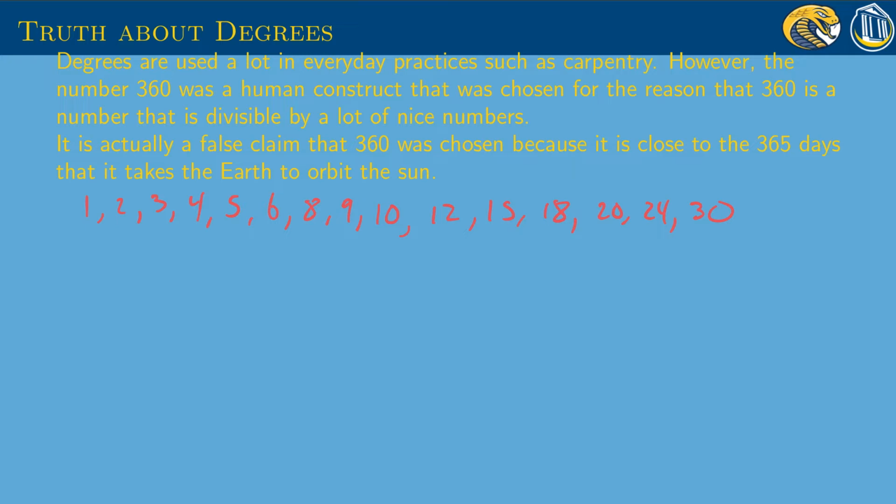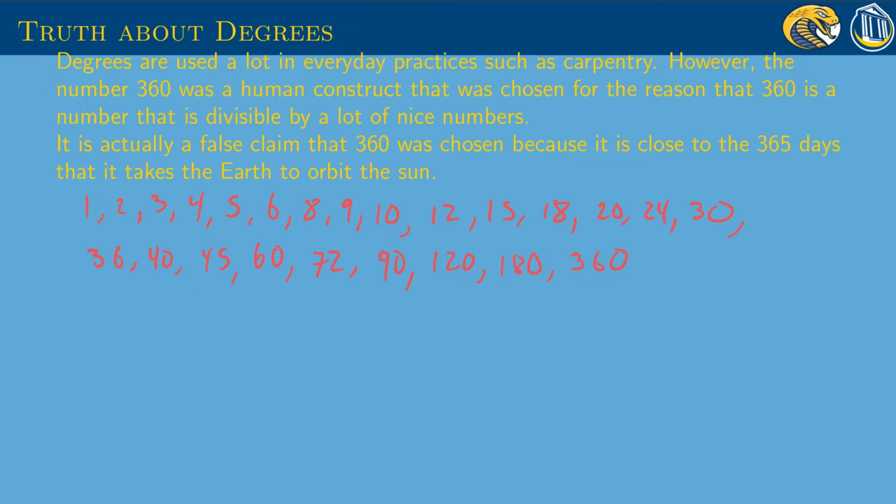We can keep going: 36, 40, 45, 60, 72, and 90, as well as multiples of those, like 120, 180, and 360. This insane number of factors makes it really easy to split a circle up into fractions of thirds or tenths or 18ths, if that's what we want to do.